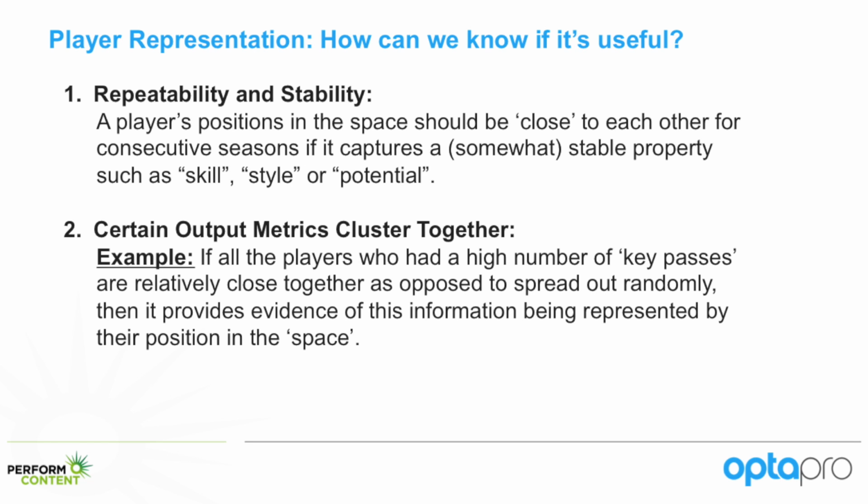But the second thing you want to check is that certain output metrics cluster together. As an example, if all the players who had a high number of key passes are relatively close together, as opposed to spread out randomly, then it provides evidence of this information being represented by their position in that space.